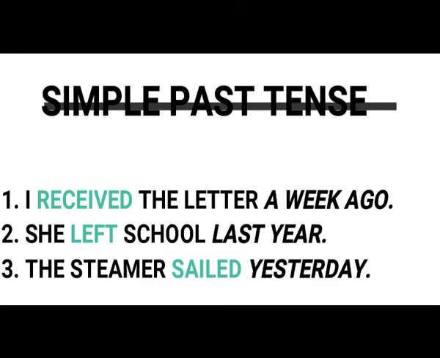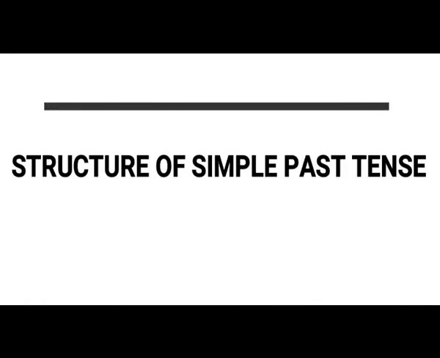If we see the verbs received, left, sailed, all these three verbs show completed actions. And if you see the words a week ago, last year, yesterday, this means all these completed actions happened in the past. So when a completed action happens in the past, that is called a simple past tense.